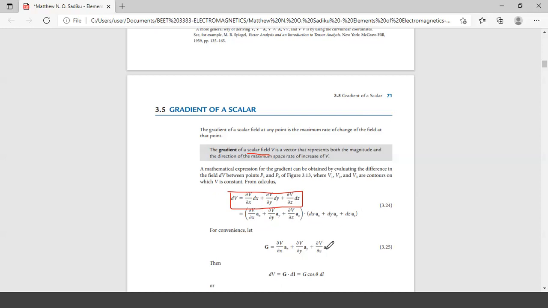For convenience, let G equal del V over del x in the direction of x, del V over del y in the direction of y, del V over del z in the direction of z. So we can simplify the equation like this: dV equals G dot dl equals G cos theta dl.